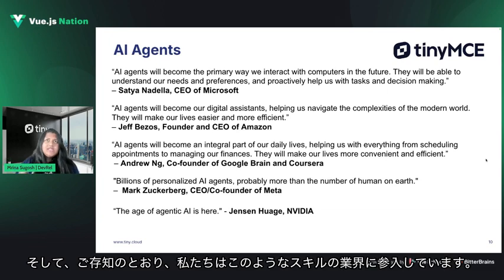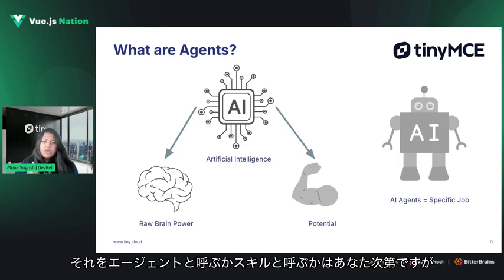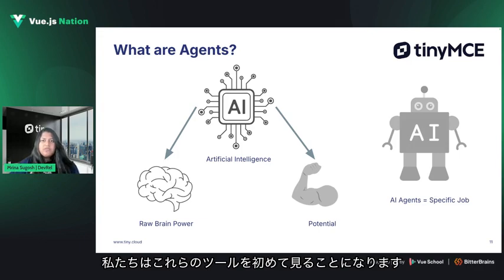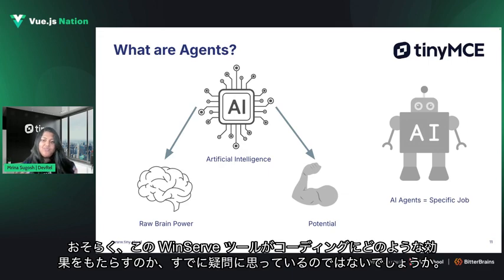What is happening is we're going into this sort of industry of skills, where whether you call it agents or whether you call it skills, we're going to be, for the very first time, looking at these tool agents sitting on top of these tools. And if you're at this talk, you probably already are wondering what this Windsurf tool is going to do for your coding, right?